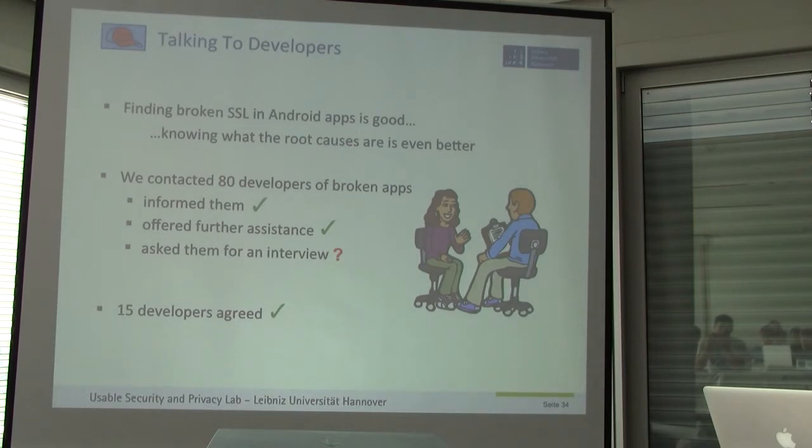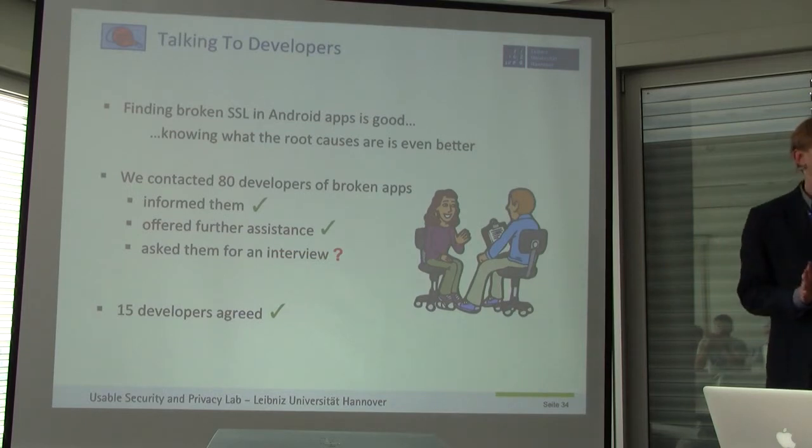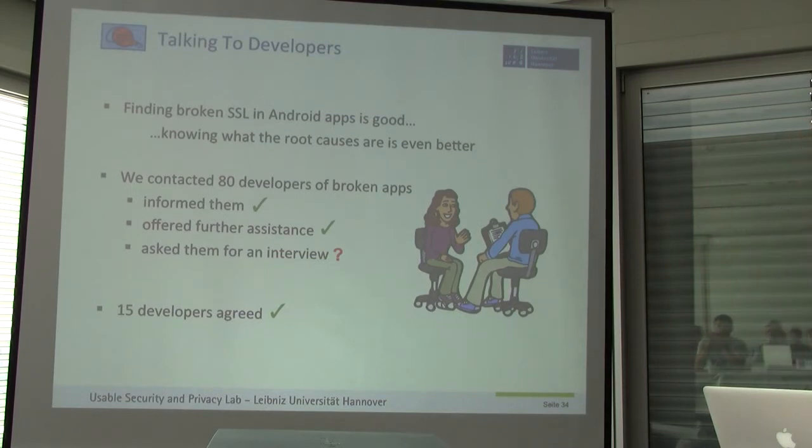And after that, we asked them if they would be kind enough to participate in a survey and would allow us to interview them about this. We, of course, offered them anonymity, so we wouldn't mention specific answers. And surprisingly, 15 developers agreed to these interviews.